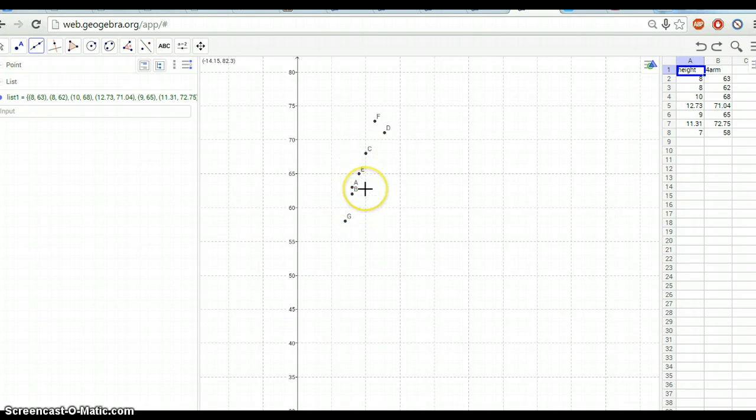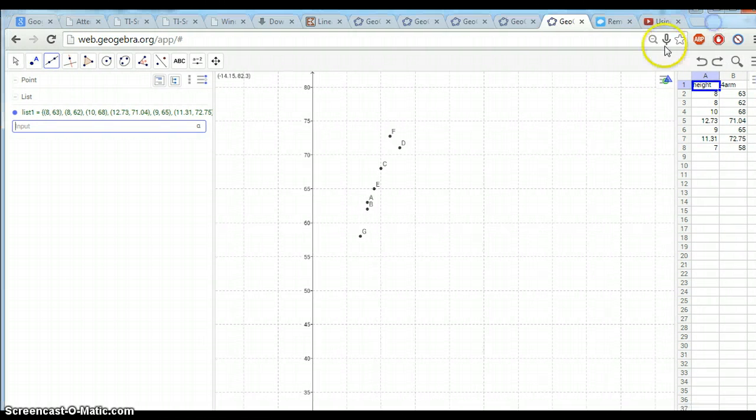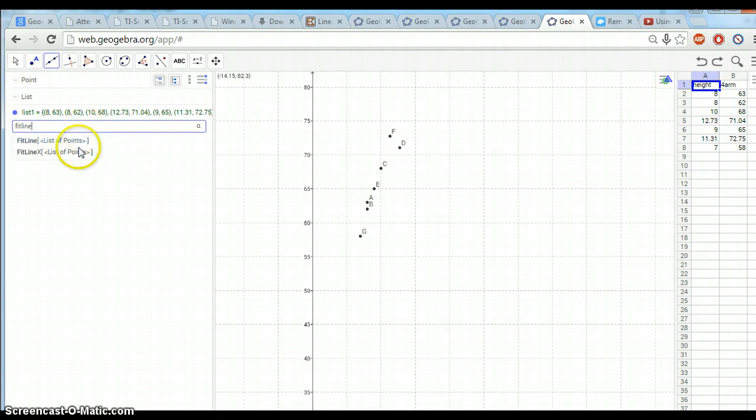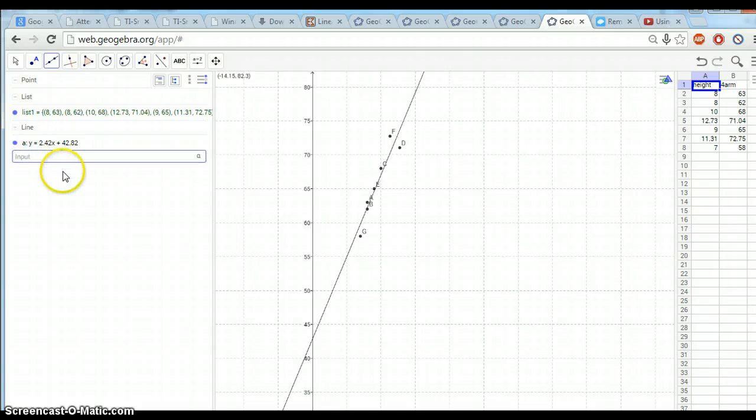But the computer actually has a way to do that, and so does your calculator. All you have to do is go to the input field in GeoGebra over here, and put this command, FitLine, then brackets and type List1, and press enter.